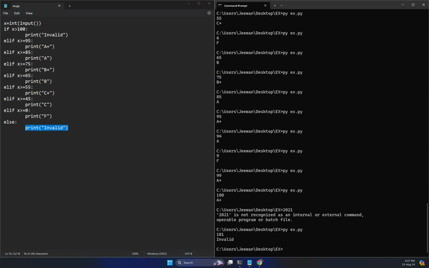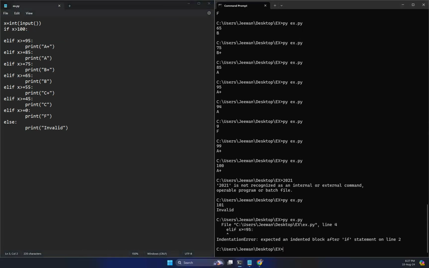Now we have something, the pass keyword, we have to discuss. If you want to have an if condition but for some reason you don't know what to put in the content here, you can't leave it empty.